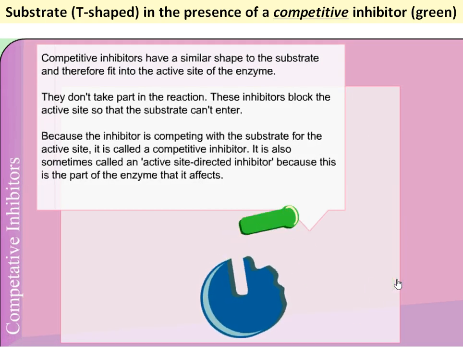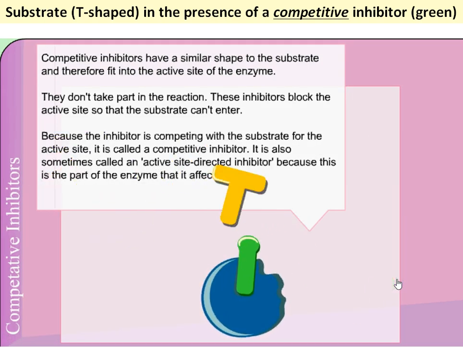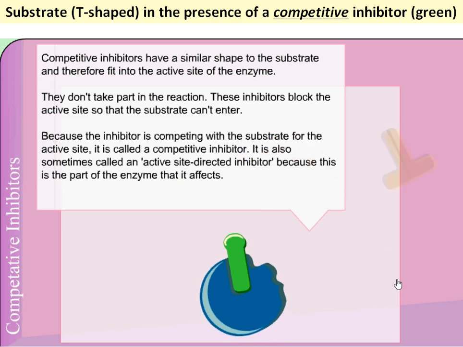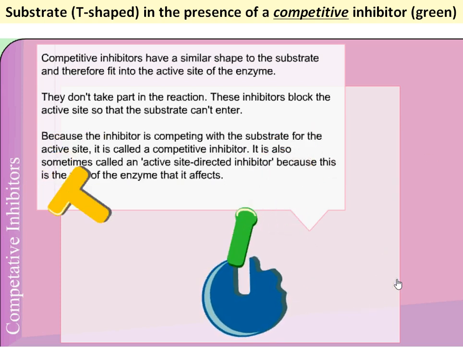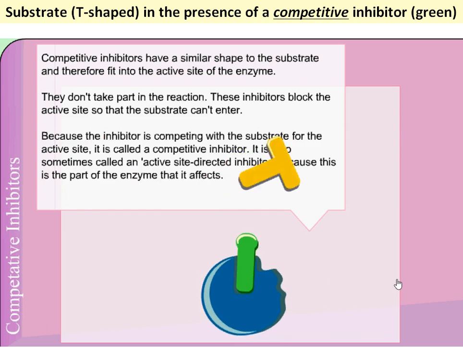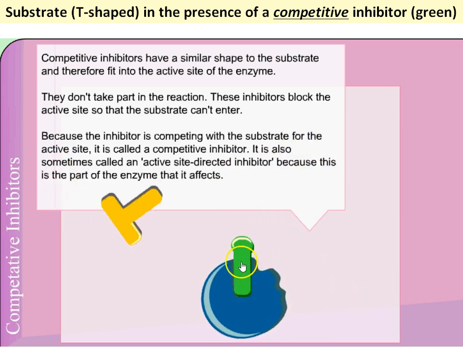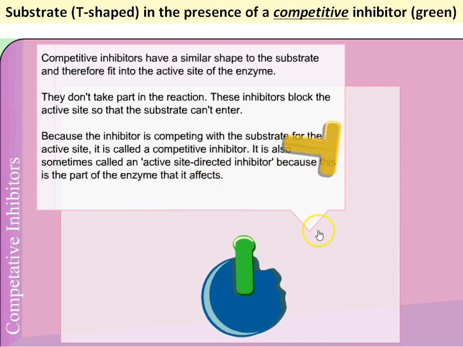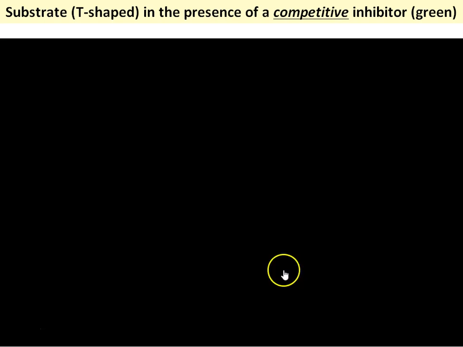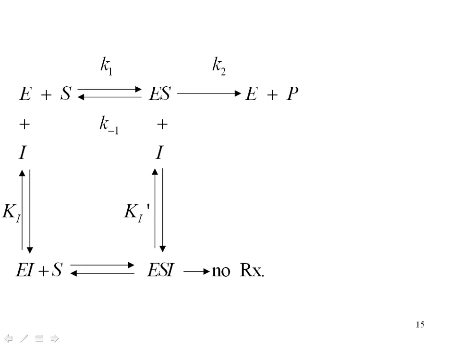As you can see in this little cartoon, the substrate is T-shaped and cannot enter. The green shaped object is the inhibitor. The inhibitor comes in and blocks the active site so that the substrate cannot be processed. Of course, this is not happening all the time, but it slows down the conversion to product significantly.